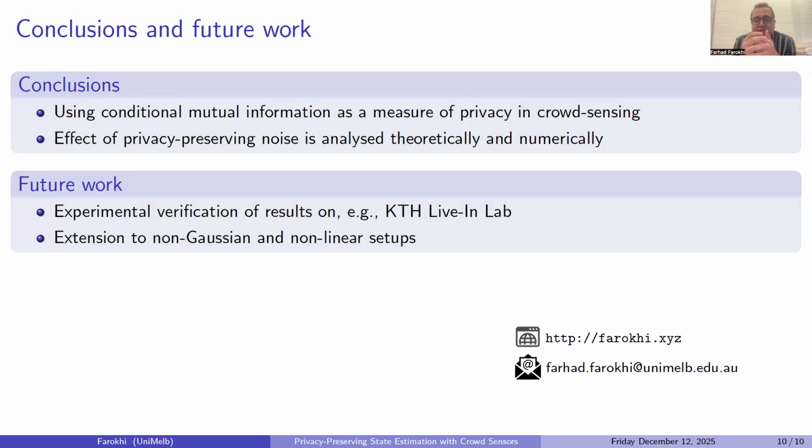Now, as future steps for the work, we certainly would like to move towards experimentally verifying these results. Can we use two sensors that measure different aspects, or have various amounts of noise on them, and use a similar framework as we used in the simulation setup to experimentally validate? Would we be able to identify the identity of the sensors if there is no privacy preserving noise? As we add noise, does this identification become harder or not? And so forth.